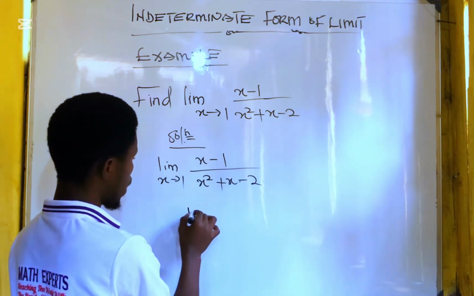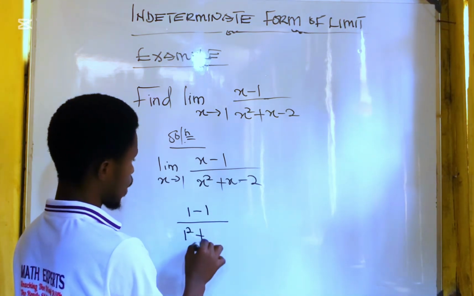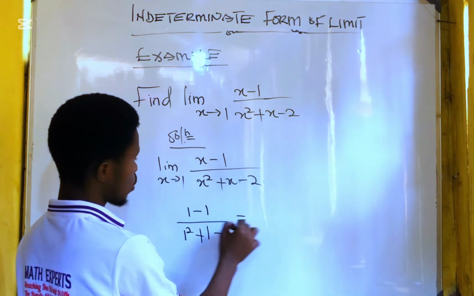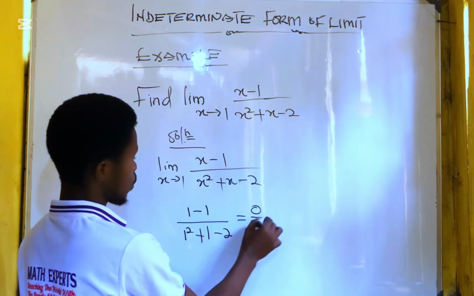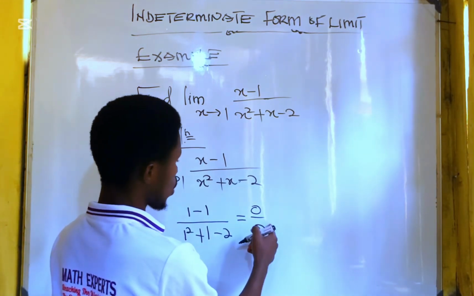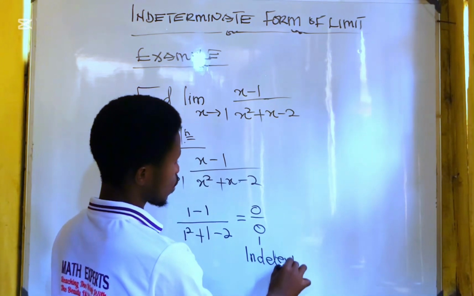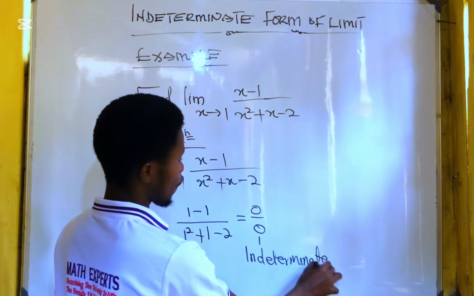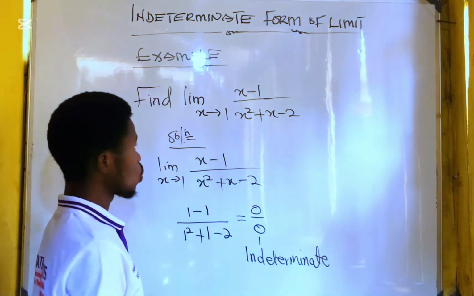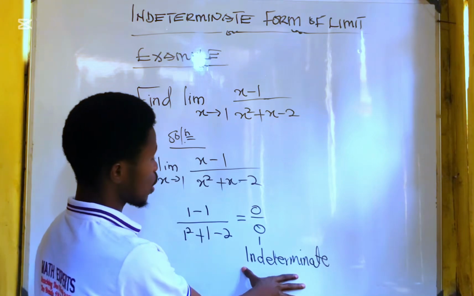When I do that, I have 1 minus 1 all divided by 1 squared plus 1 minus 2. You can see that 1 minus 1 is 0. 1 squared plus 1 is 2, minus 2 is also 0. So we can call this one what? Indeterminate. Is that okay? So for that matter, you need to do some algebraic simplification there.